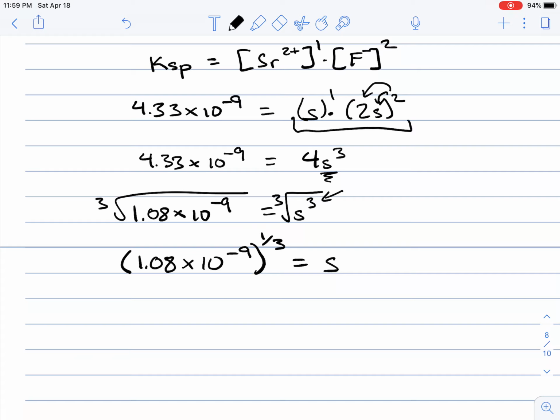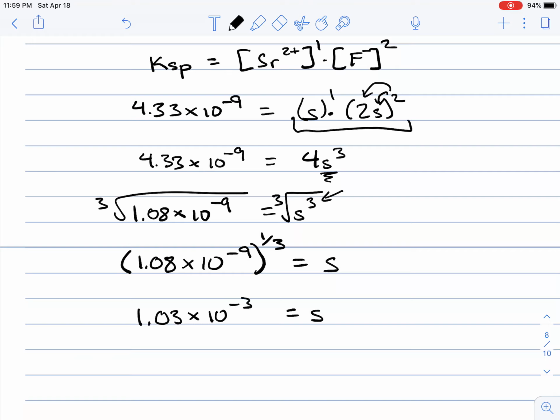And so when I calculate this out, I get 1.03 times 10 to the negative 3.